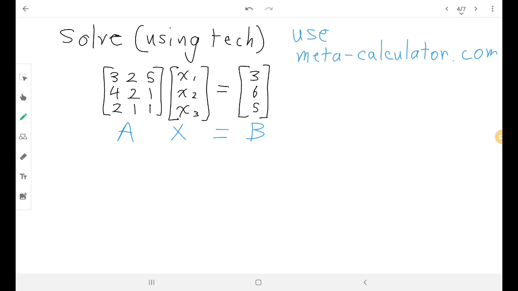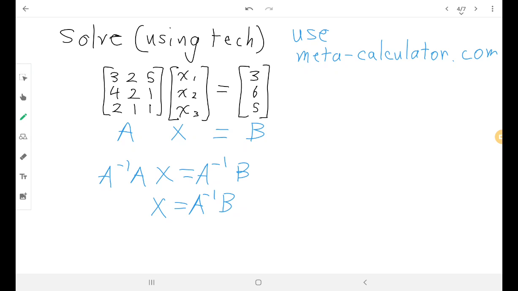And to solve it, I need to do A inverse times A times X equals A inverse times B, which is going to mean that matrix X is going to equal A inverse times B. And actually, I'm going to put this into MetaCalculator and let you see what I get.